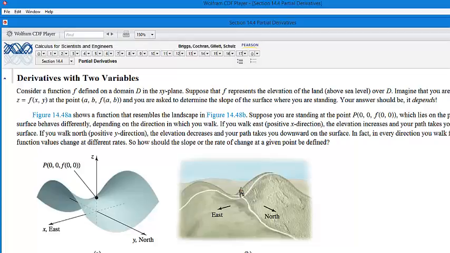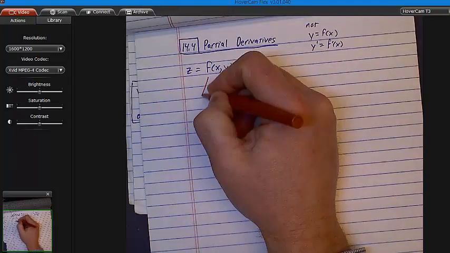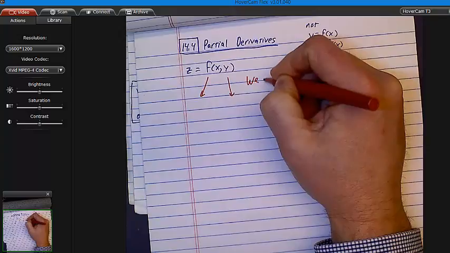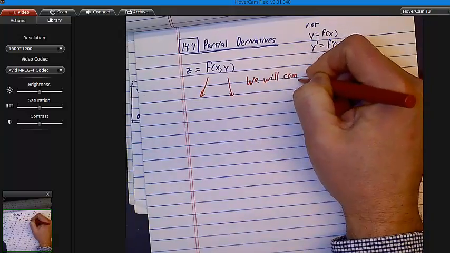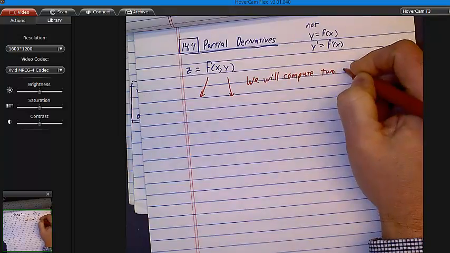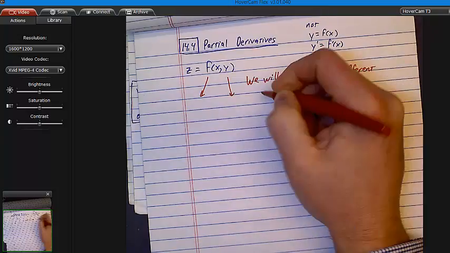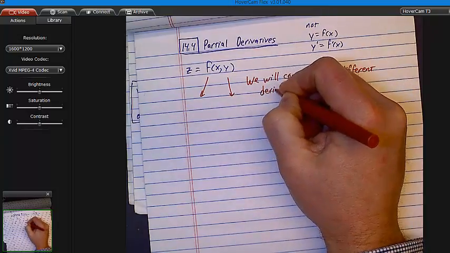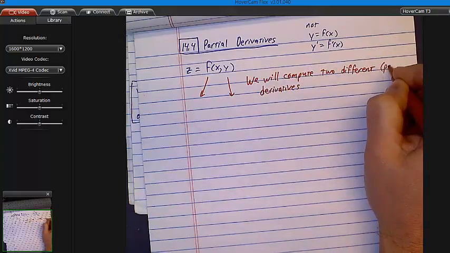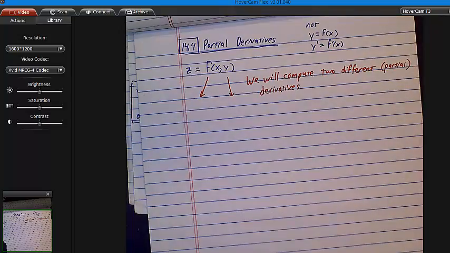And so what we will do, we will compute two different derivatives. And really, I should put the word partial derivatives.